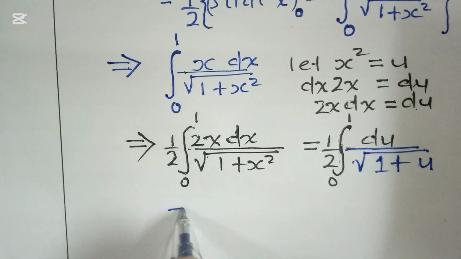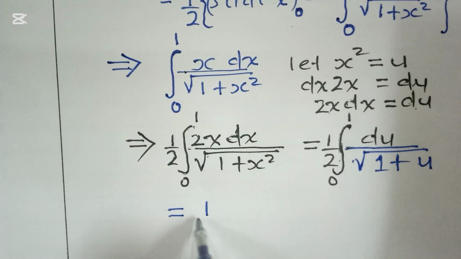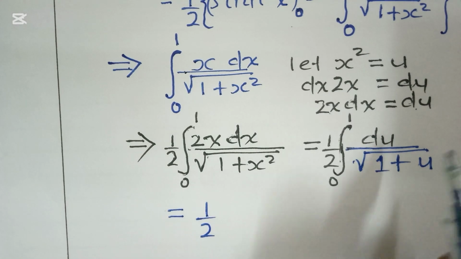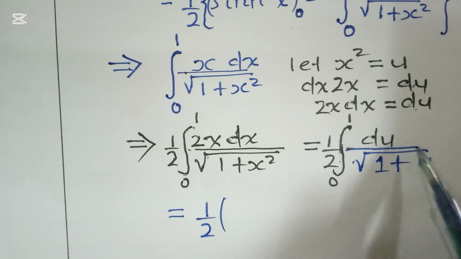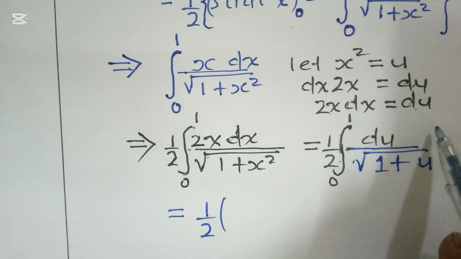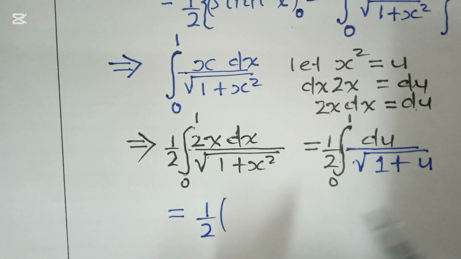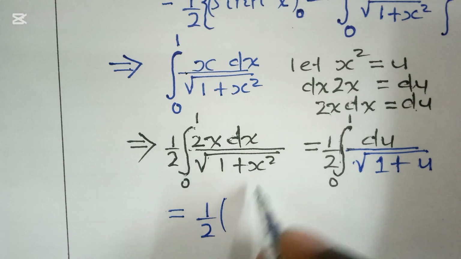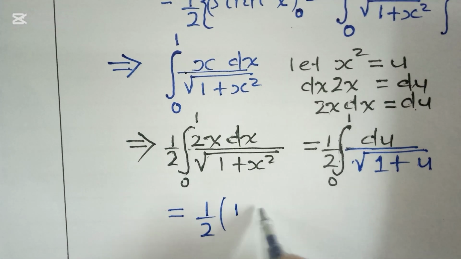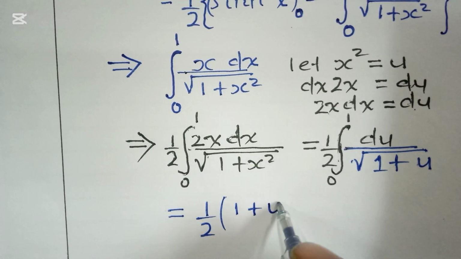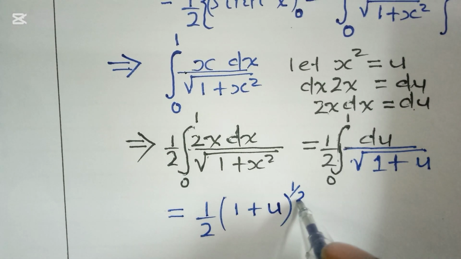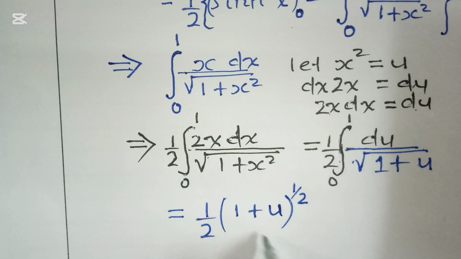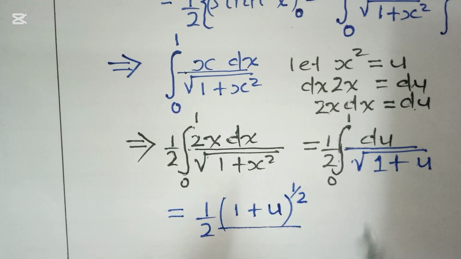So with that one guys, we are going to have a half. We now integrate 1 plus u. This is the same as 1 plus u raised to negative a half when it is at the top here. And so guys, when we integrate that, it is going to be 1 plus u raised to a half, and then all over 1 over 2.